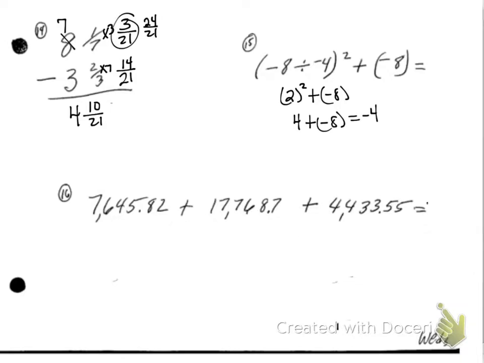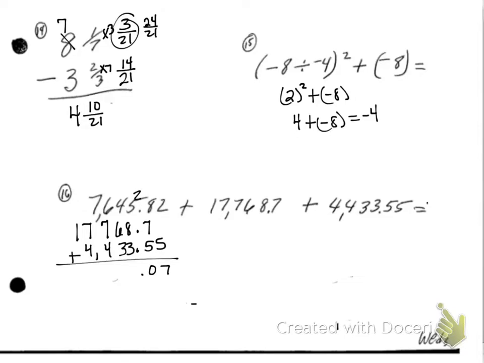And the last one. When we add, just make sure your decimals are lined up. Alright, 2 plus 5 is 7. 15 plus 5 is 20.